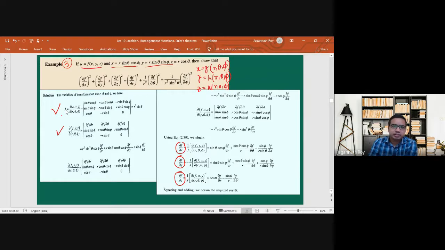Once we get it, we'll substitute those values after squaring, and we will try to simplify the right hand side. Then we will get this one. Note that we have already found this part in the previous example.